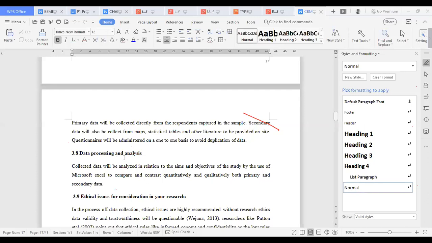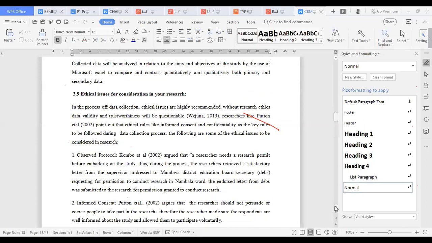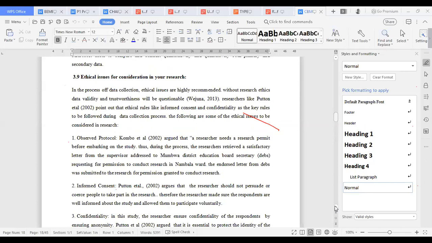Then data processing and analysis. In this study, the collected data was analyzed in relation to the aims and the objectives of the study by the use of Microsoft Excel, to compare and contrast quantitatively and qualitatively both primary and secondary data. Then don't forget to also include the ethical issues for consideration in your research. Ethics is key.